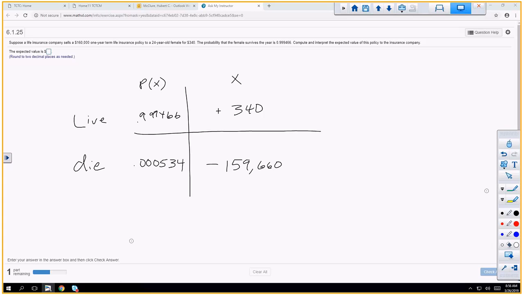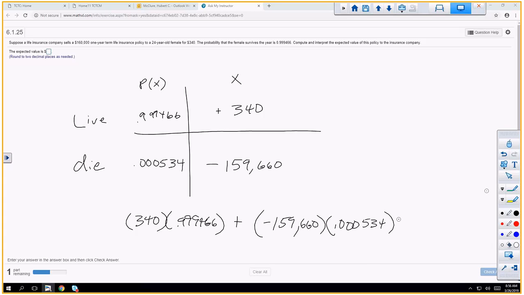So that's going to be 340 times 0.999466 plus negative 159,660 times 0.000534, and it's going to be negative, right? Yes, because you're multiplying by a negative.